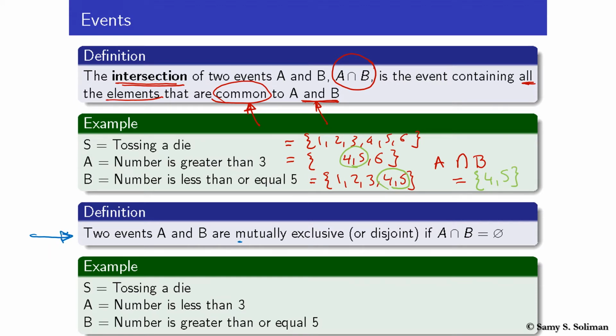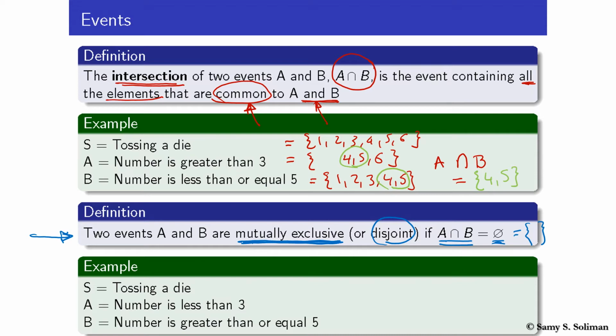The definition of mutually exclusive events, or sometimes disjoint events, is when the intersection of the two events is equal to phi, or null, or the empty set. That means that no elements are common in A and B, or no element is a member of both the set A and B.